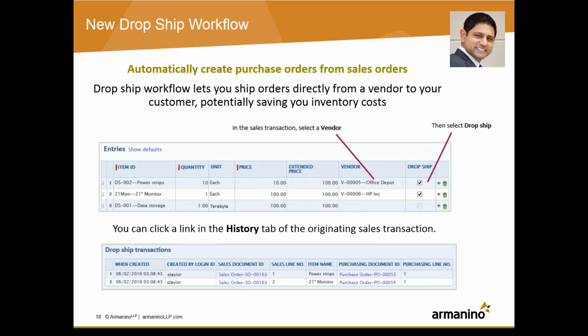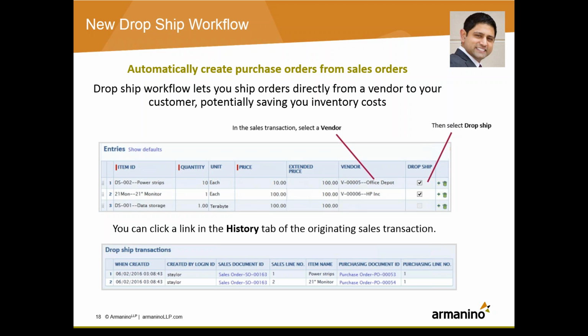The nice thing about this dropship workflow is that it ties and leaves an audit trail with the originating sales transaction. So if I invoice and I've assigned it a vendor, selected that dropship, it's going to actually show that it's tied to that PO.